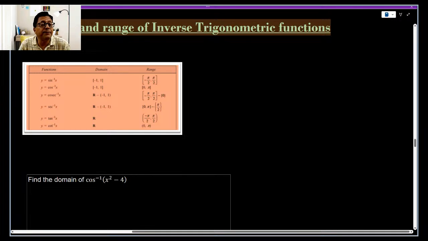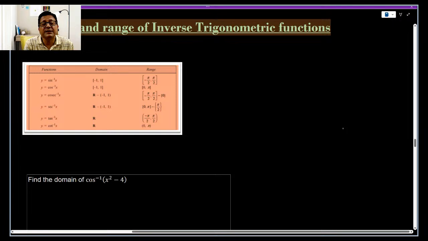First one, if you are asked to find the domain of cos inverse of x square minus 4. So we'll go back to cos inverse x. For cos inverse x, we'll start thinking, what is the domain? -1 to 1.